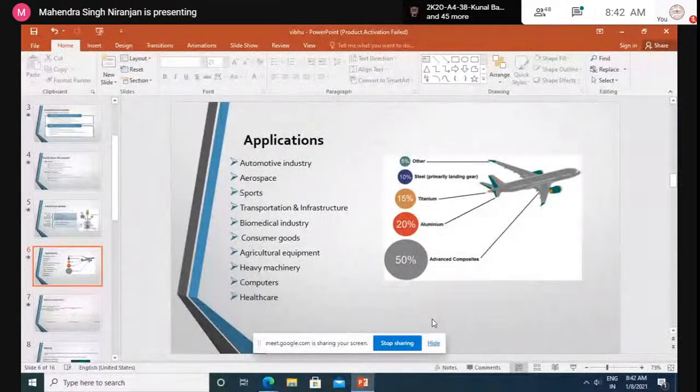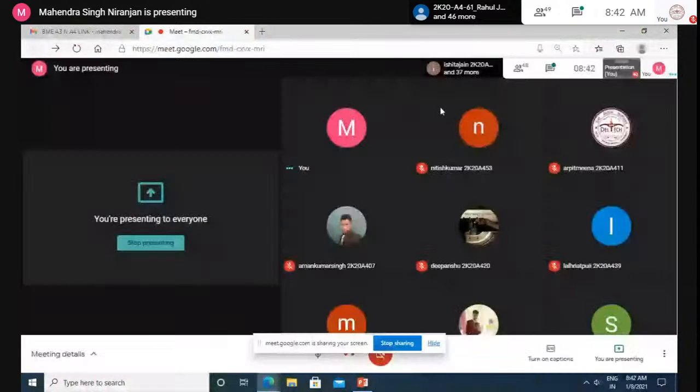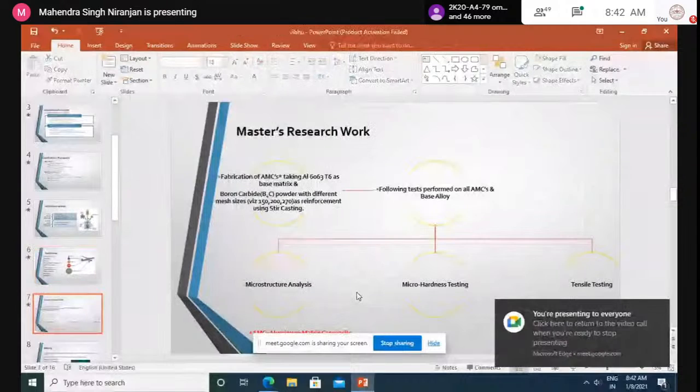Day by day, composite material applications are increasing because of their properties. So these are the basic applications of composite material.